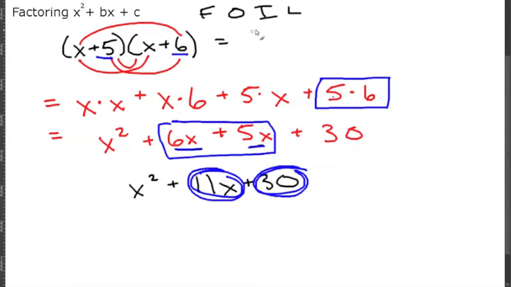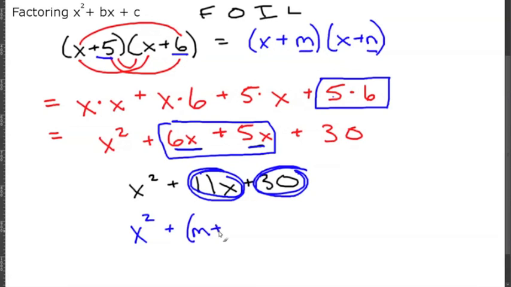The overall form for this would be if you have x plus m and x plus n, your final answer will be x squared plus m plus n times x plus m times n.